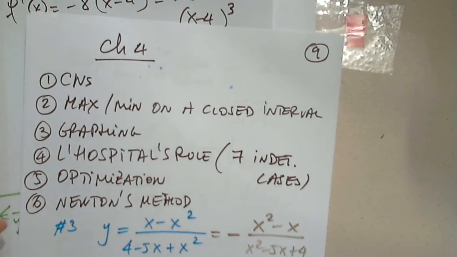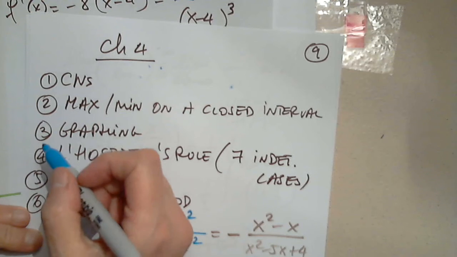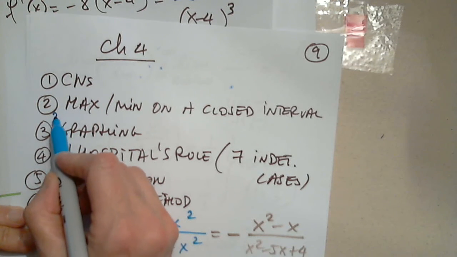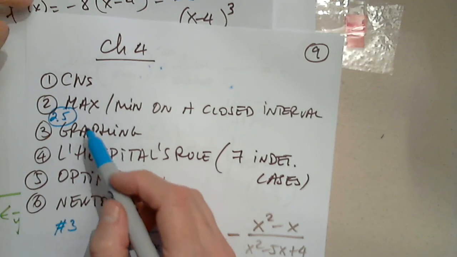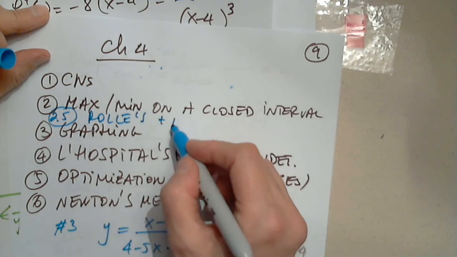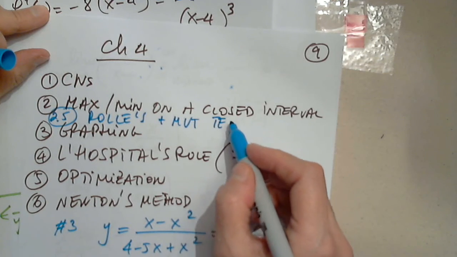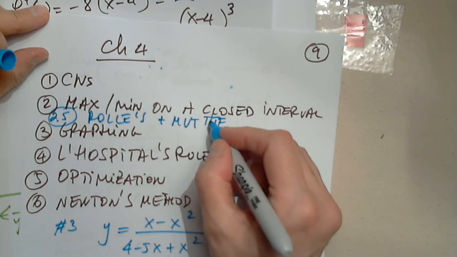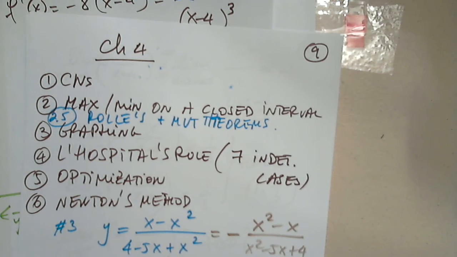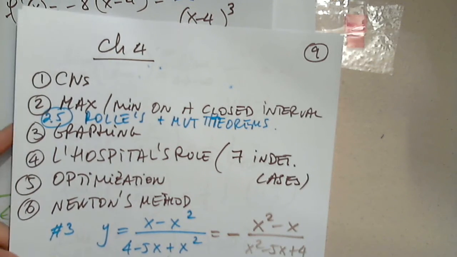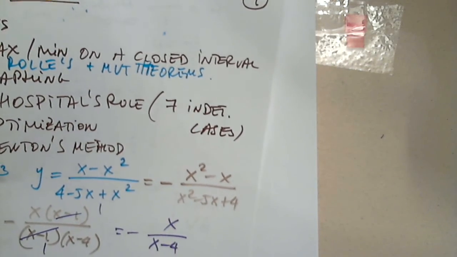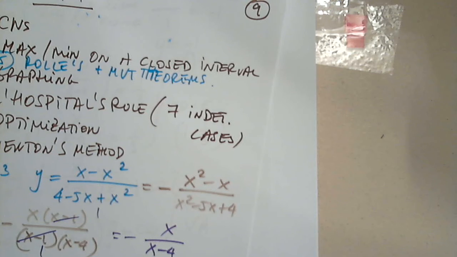Oh, what I forgot here, I'm sorry, we have to insert, I'm going to say 2.5. 2.5 is Rolle's plus the mean value theorem. I forgot, I just remembered. Okay. Anything else?